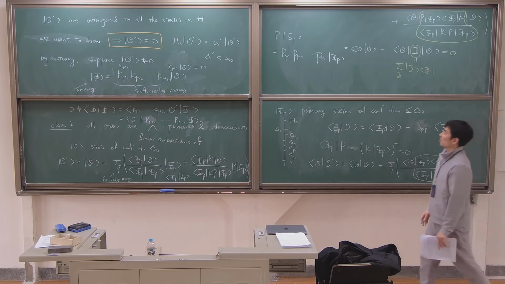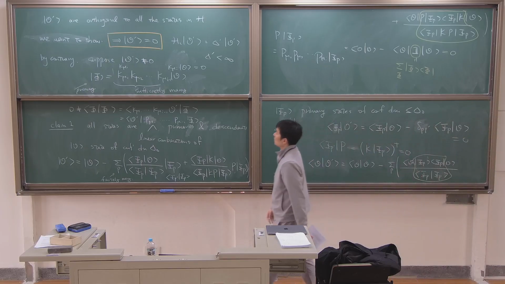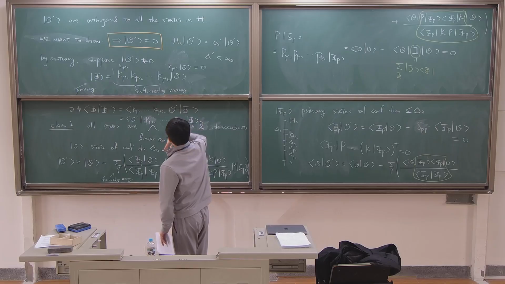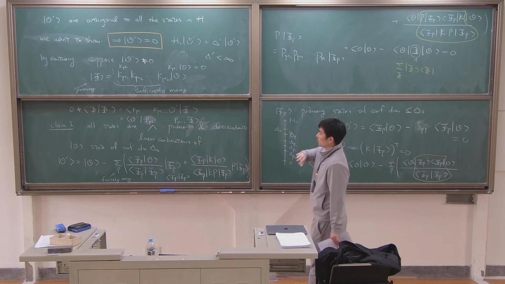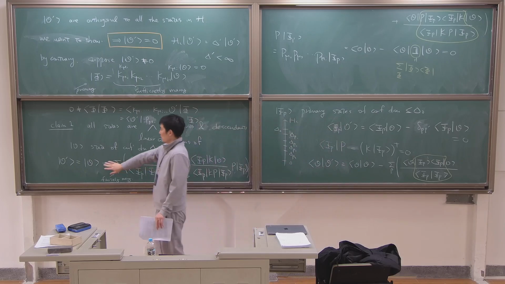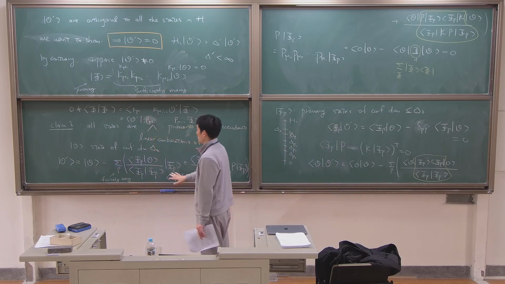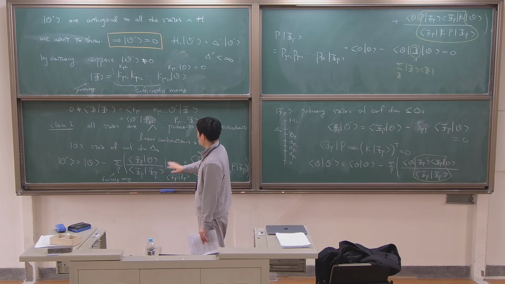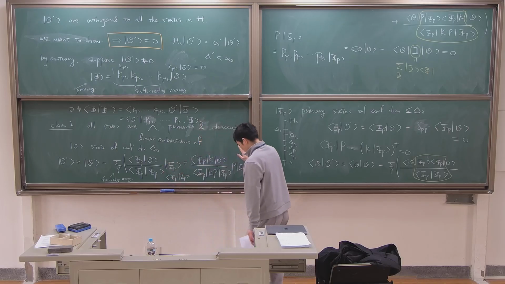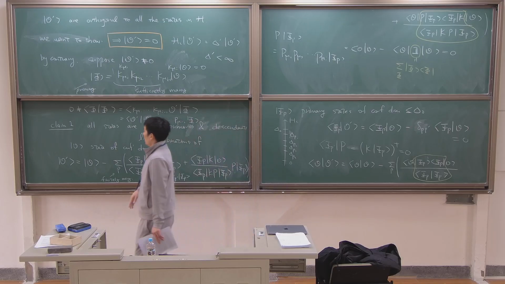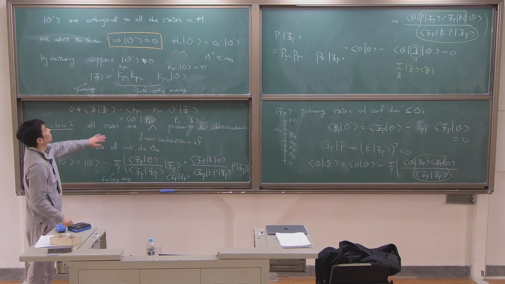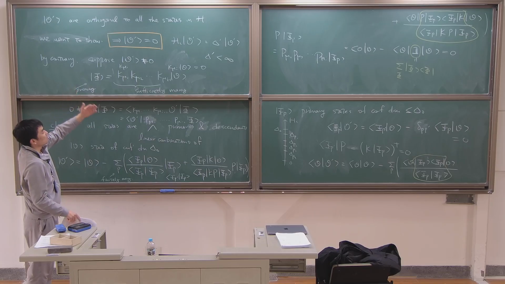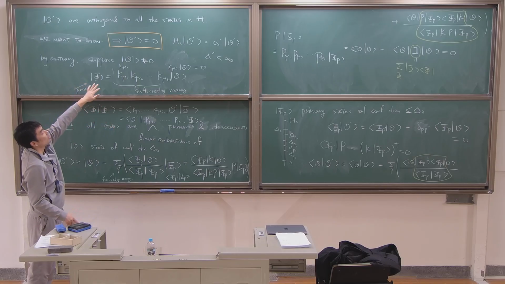So this means that the operator O prime that is orthogonal to all the states spanned by any possible operator O, the Hilbert space spanned by primary states and their descendants, which is orthogonal to any primary state and descendant, means that the operator should be 0.